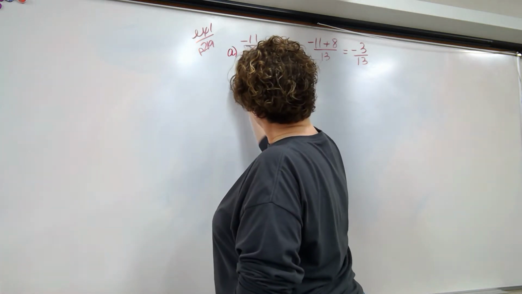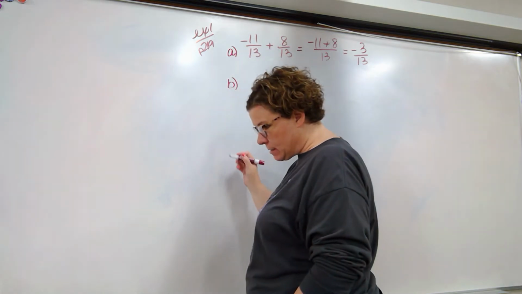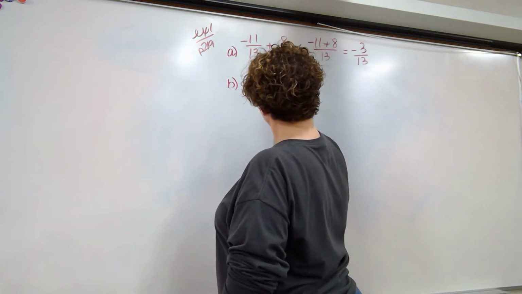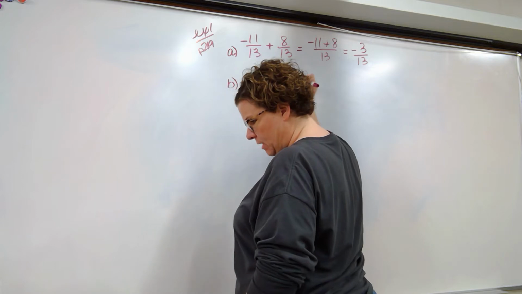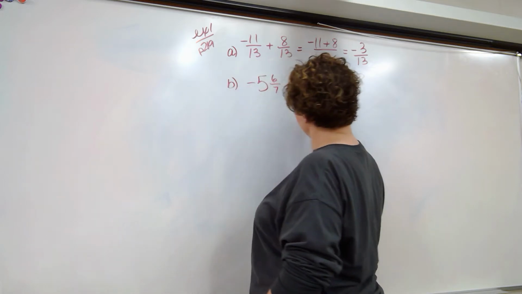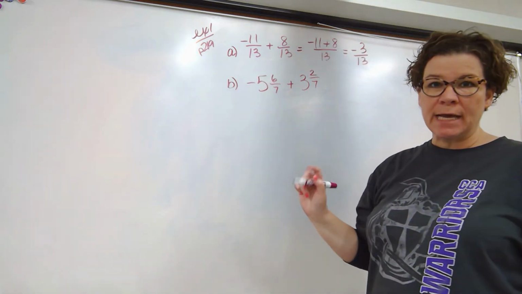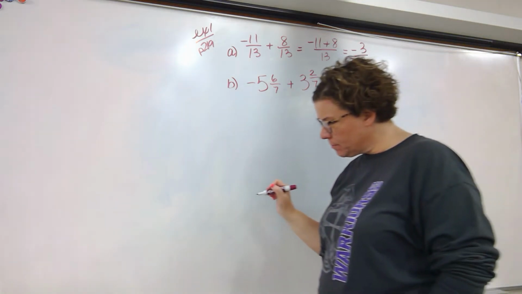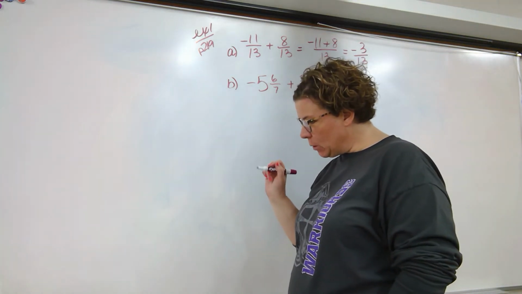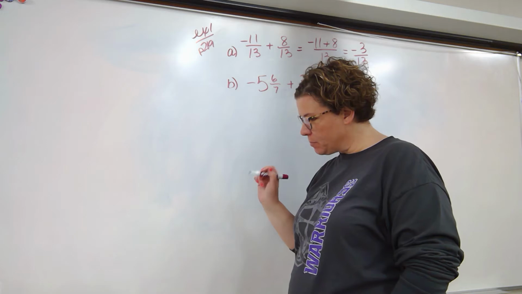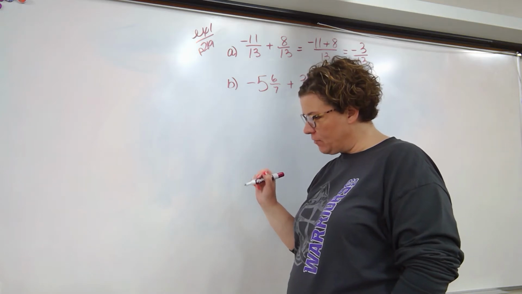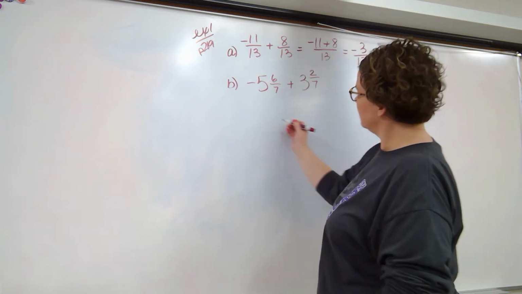That was A. B is negative 5 6/7 plus 3 2/7. You can see that my fraction part has a common denominator. Okay, and if you follow along in the book, you'll see that they've split out the negative 5 and the negative 6/7.